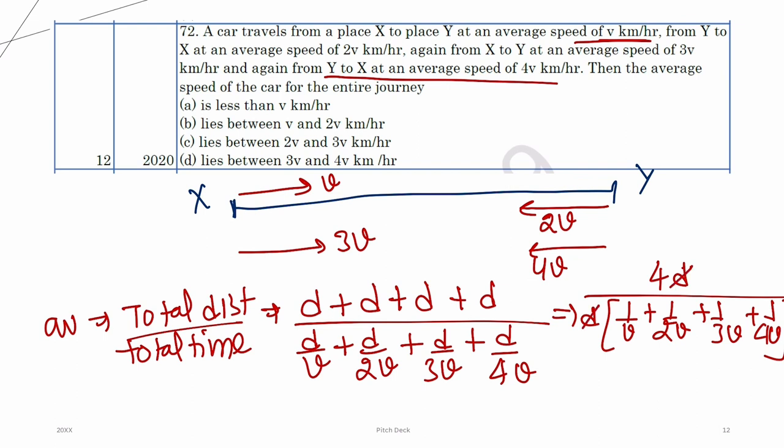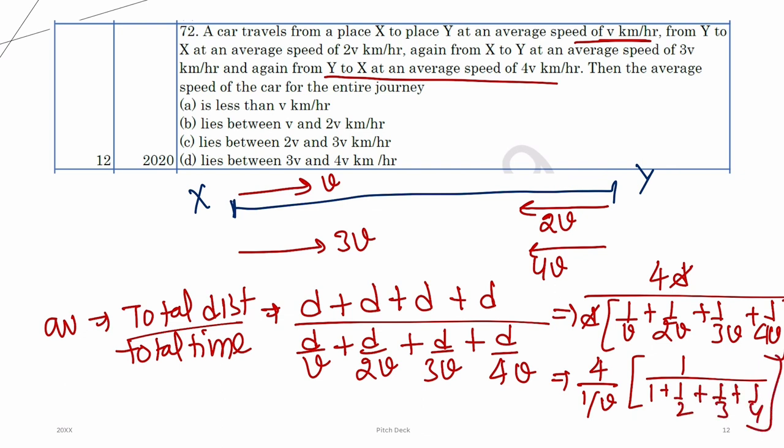So we have 4v, sorry, not 4 by v, outside. Let's simplify it: 4 upon 1 by v common taken here. So we have 4v upon 1 plus 1 by 2 plus 1 by 3 plus 1 by 4.